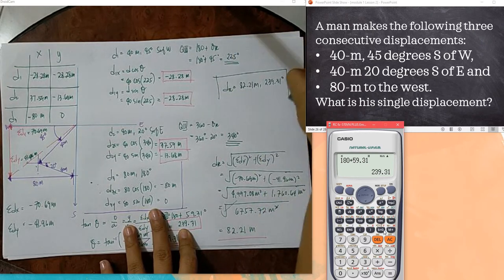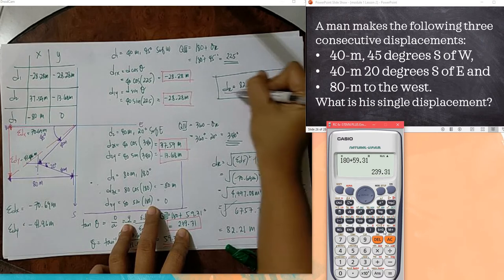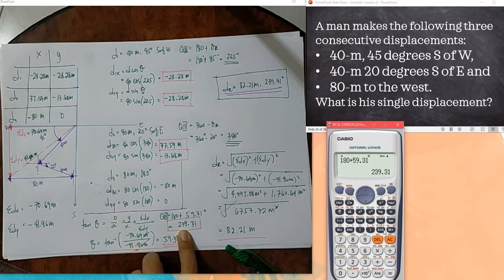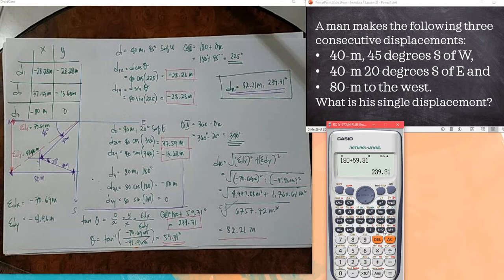And this is our final answer. So, that's it for our problem. I hope you understood how to solve the vectors using the component method. Thank you everybody for listening. Goodbye.